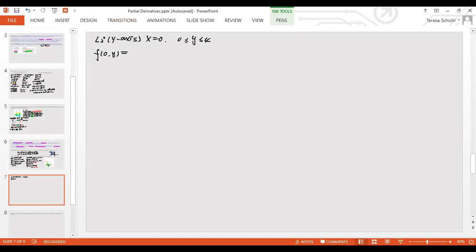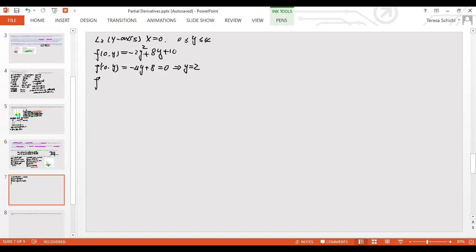So what is my f of x, y here? With x equal to 0, I have negative 2y squared plus 8y plus 10. Wow, that's pretty good. We're back to calculus 1 again, so we can find the derivative here. To find the critical point 0, y, this is negative 4y plus 8 equal to 0. So I get y equal to 2, right?